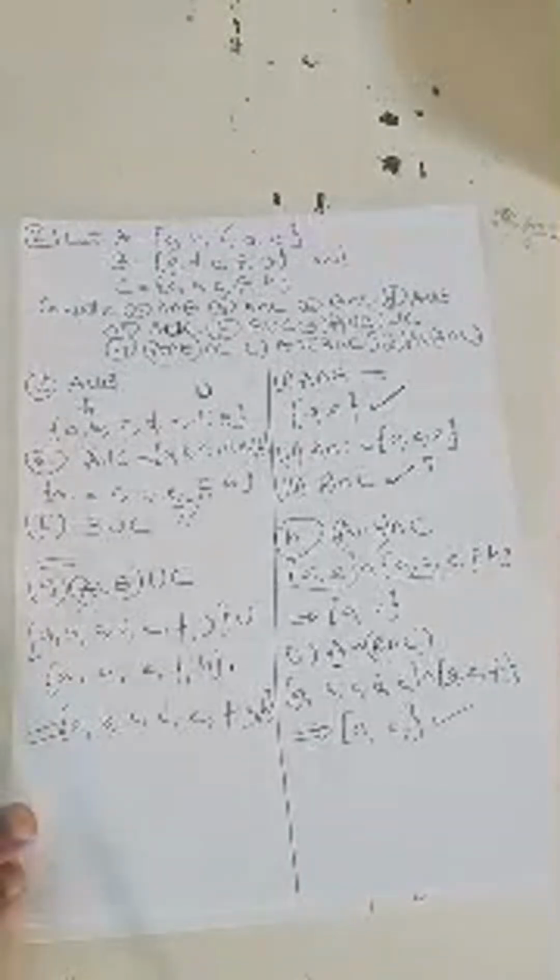A is common. E is also common. F is also common. So that's what we have for B intersects C. Then A is here, we're going to write it. E is here. E is also here. F is here, but F is not here. So that's our answer for that place.